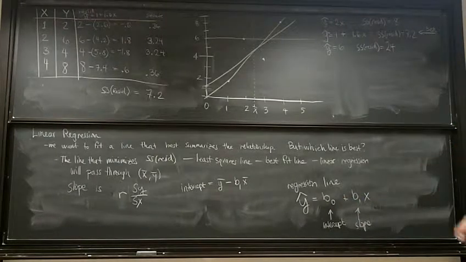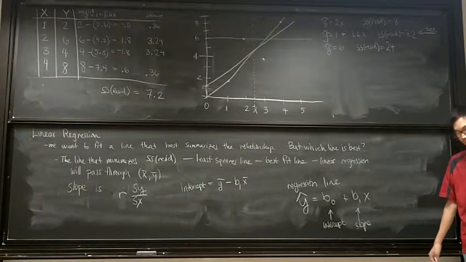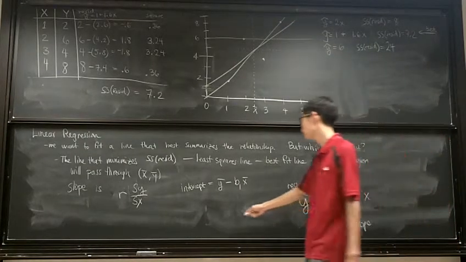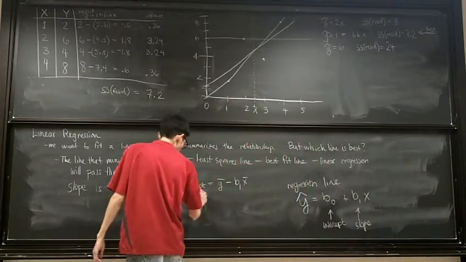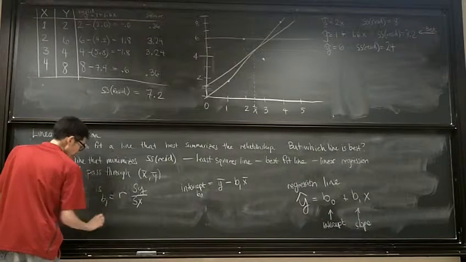Okay? Yeah, it's a little bit different from mx plus b. We use b0 and b1, and we put them in this order. That's just what we do. So the intercept, which is b0, is that, and the slope is b1.